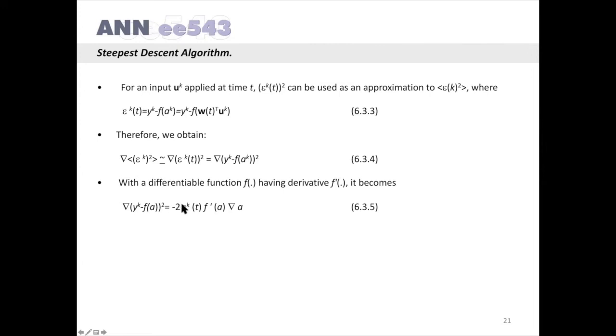So we have 2 here and epsilon_k here, and f prime of the function here at a multiplied by the gradient of a.